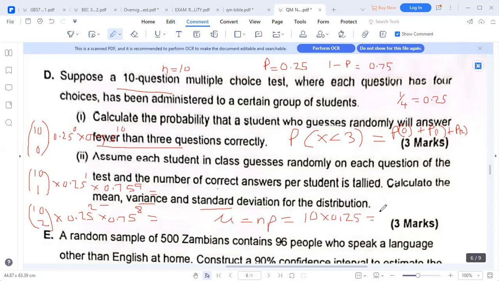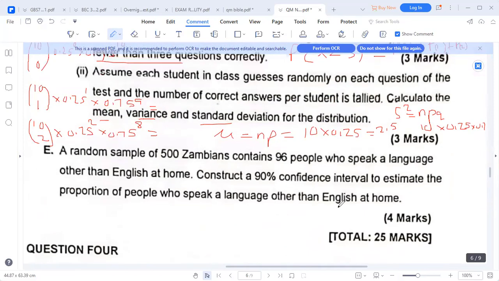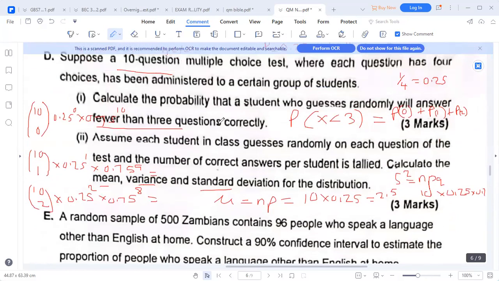So here we get 2.5. How do we get the variance? Our variance is npq. So here our n is 10, our p is 0.25, and our q is 0.75. Now to find the standard deviation, you simply square root it.